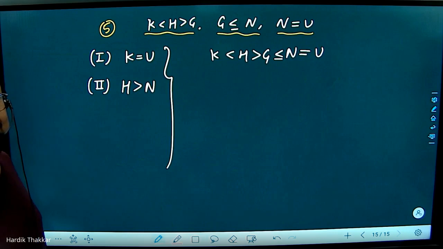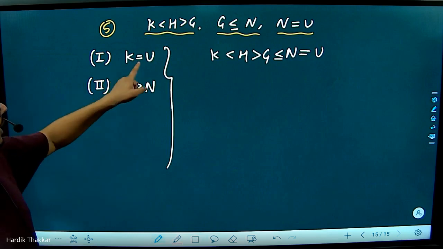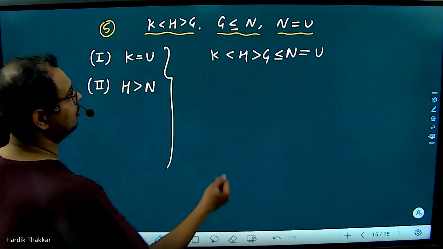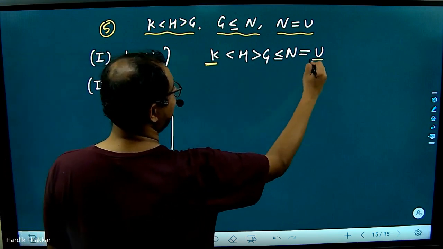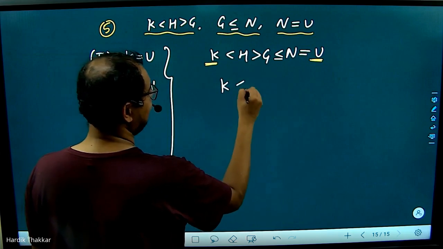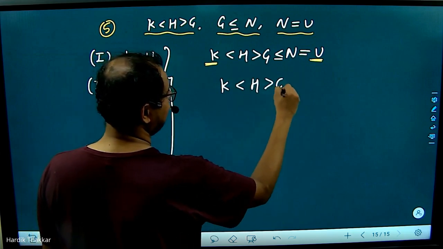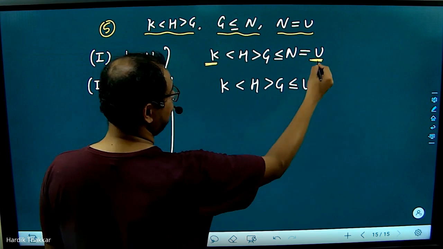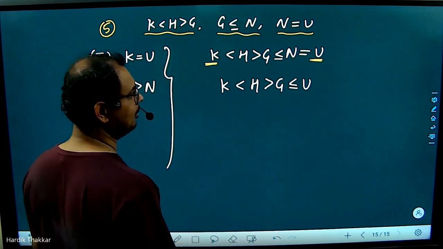Now what is the relation between K and U? We can replace N with U also. So it will be K less than H, H is greater than G, G less than or equal to U. I am replacing N with U because both are equal.